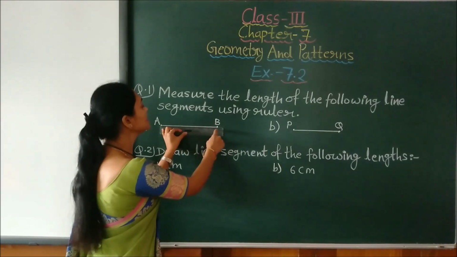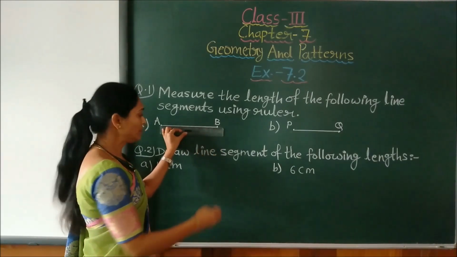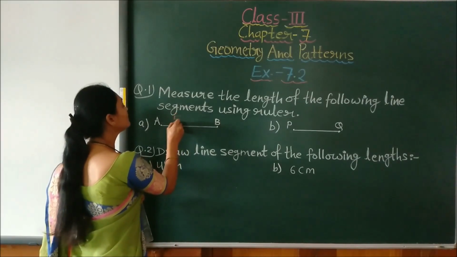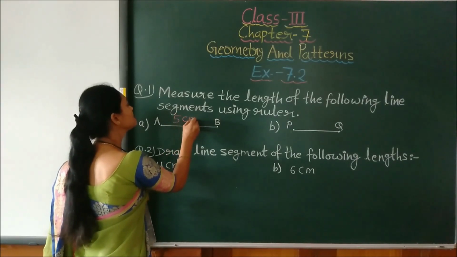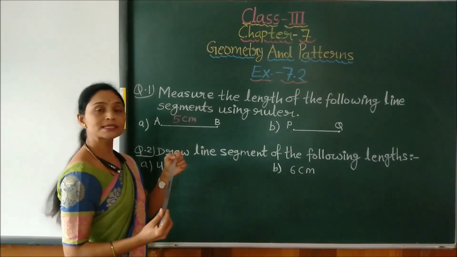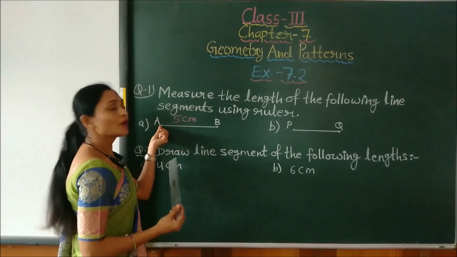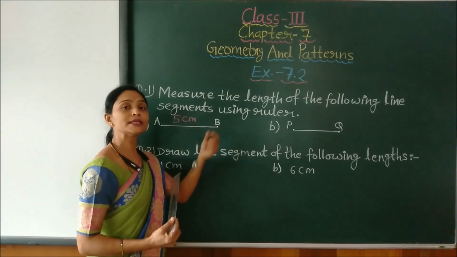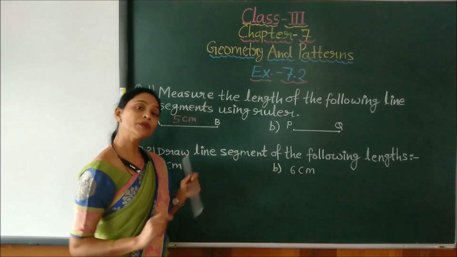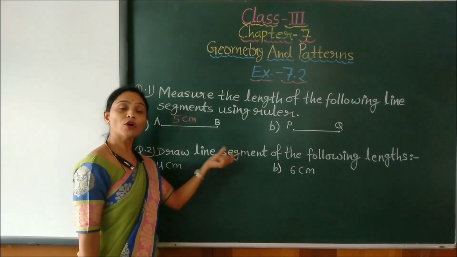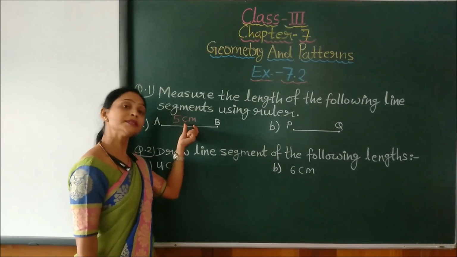So here I can see this is 5 centimeter. So it means we have to write here 5 centimeter. Yes, this 0 of the ruler or scale we have to keep on the initial point, and then we have to see this ending point is coming in front of which number. So according to that we have to measure the length of the line segment and write here.